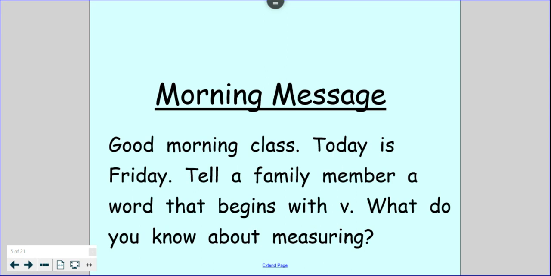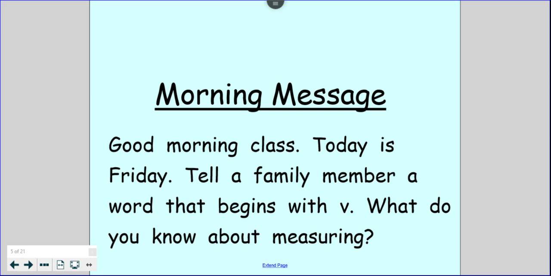Maybe you've measured how tall you are with a ruler or a tape measure or a yardstick. Maybe you've measured how heavy you are by standing on a scale at the doctor or at your house in your bathroom.